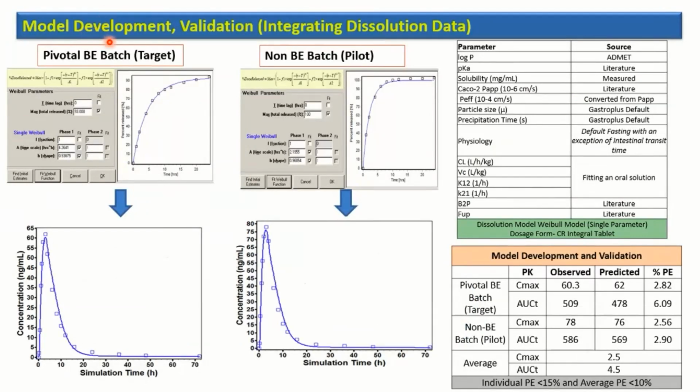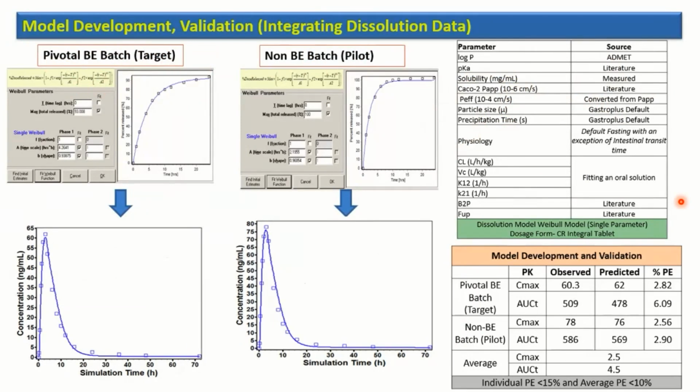So this is basically a step where we develop and validate the model using the pivotal biobatch and the non-biobatch. If you look at the table for the input parameters, you would observe that the disposition parameters were calculated by feeding oral solution data because the IV data was not available.